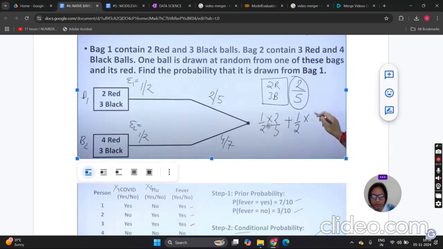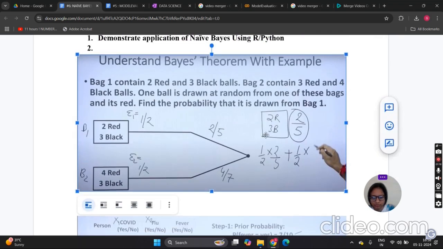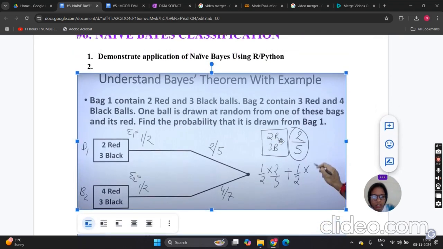So here we calculate 2/5, because there are 2 red balls in bag 1, plus 4/7 in our second bag 2. So 1/2 into 2/5 plus 1/2 into 4/7 is our Bayes theorem. So this is the concept of Bayes theorem. It is simply a class 12 concept.